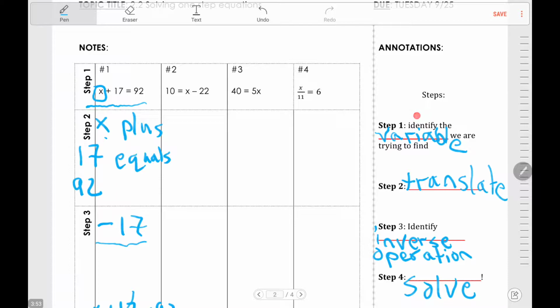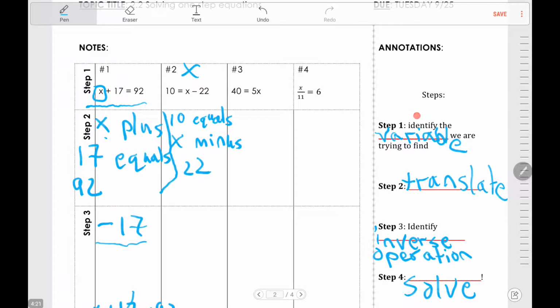So number 2, the variable is x. This says 10 equals x minus 22. 10 equals x minus 22.